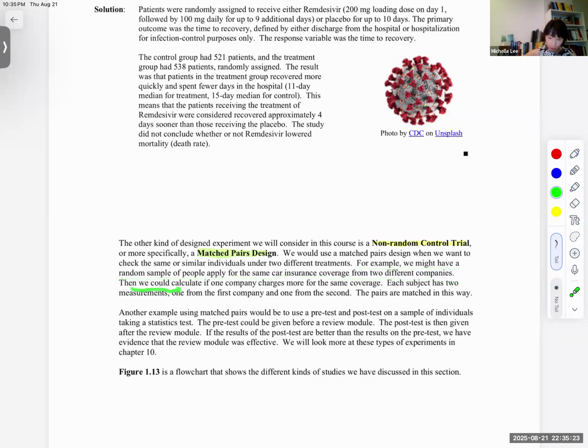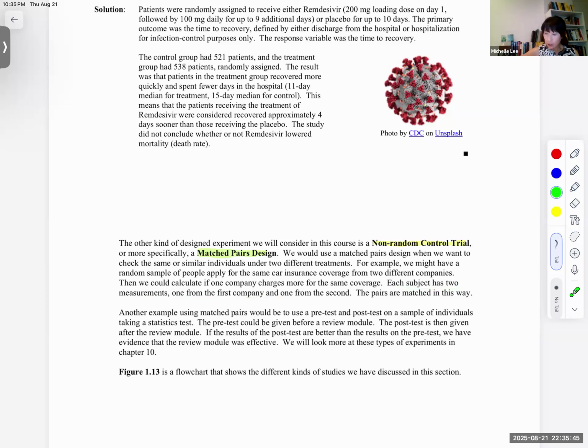Then we could calculate if one company charges more for the same coverage. Each subject has two measurements, one from the first company and one from the second. The pairs are matched in this way.